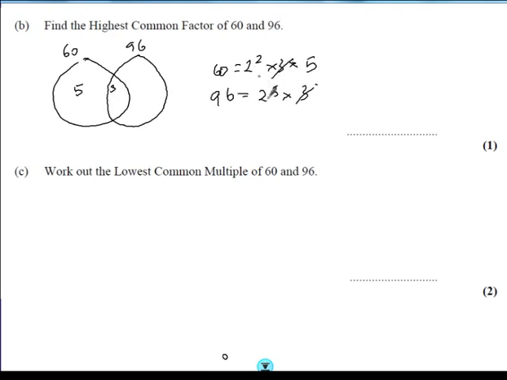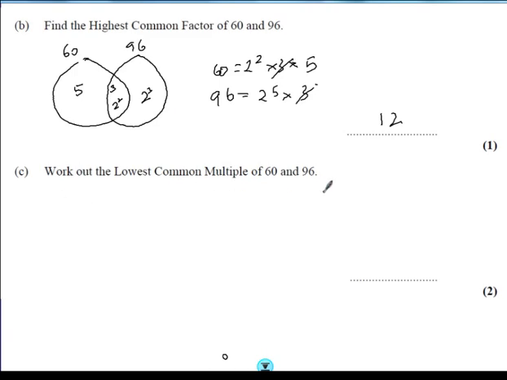Then we've got these 2's. 2 times 2 is a factor of 60, and that leaves 2 to the power of 3 left for 96. What we've got in the middle is the overlap, the common factors. If I multiply those together, I get 3 times 4, which is 12. So the highest common factor of 60 and 96 is 12.